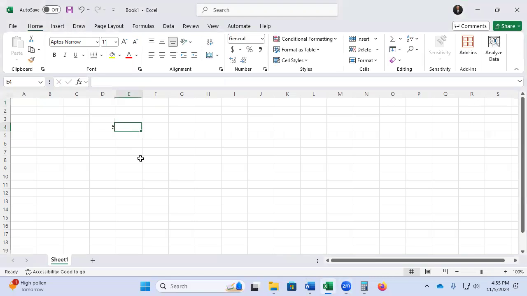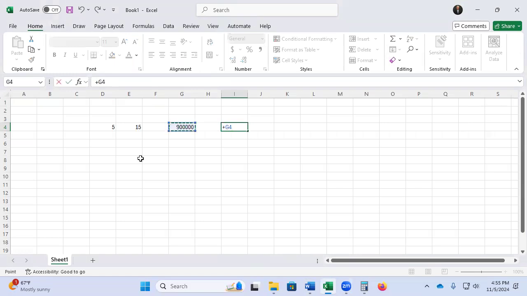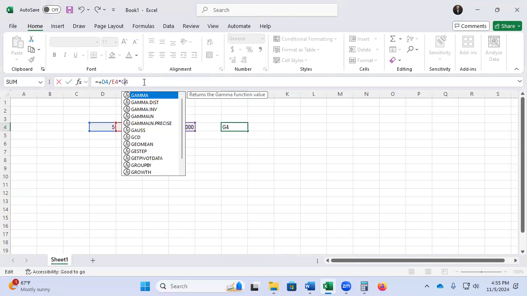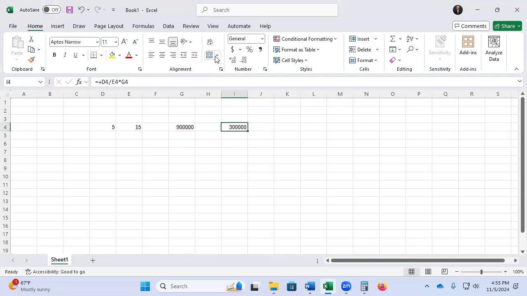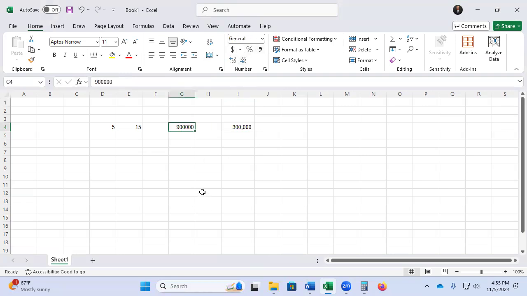So like I have 5, 15, and then 900,000. And it basically makes it seem like they never adjusted it each year, right? And see, that already seems like the book value would be.